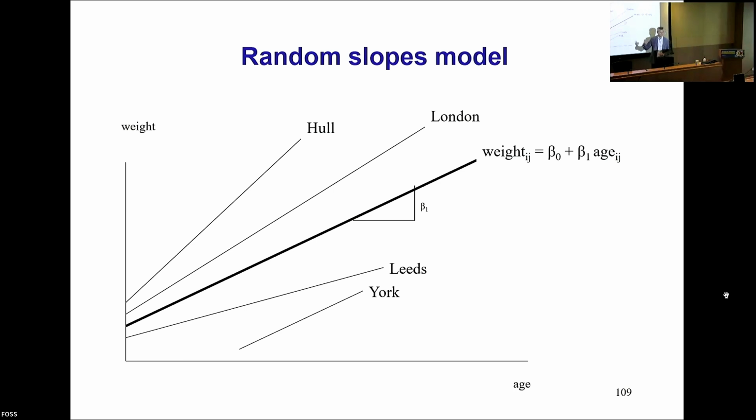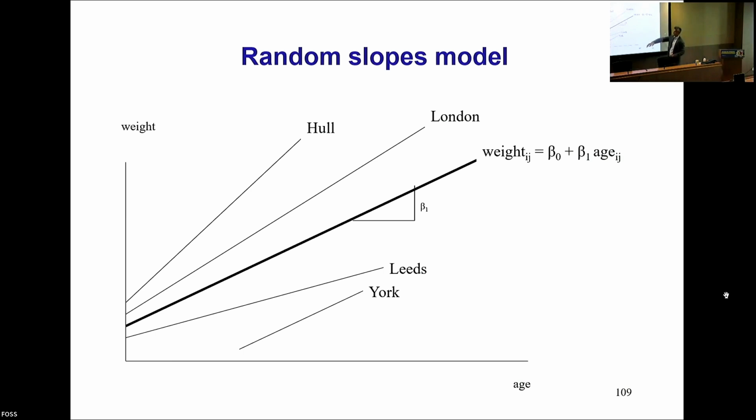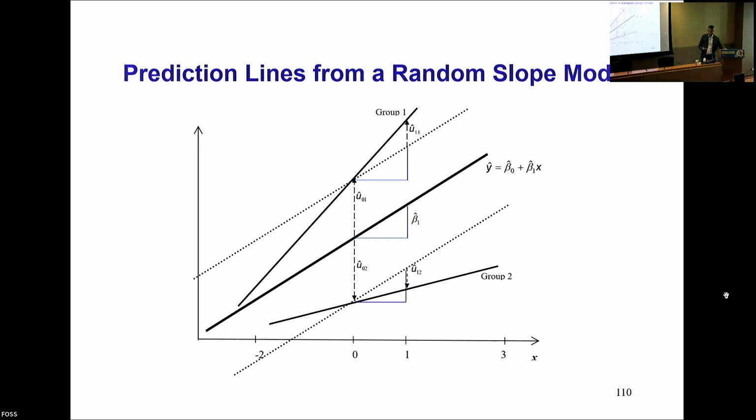So apart from estimating a different intercept for each level 2 unit, we're also estimating a different slope for each level 2 unit. So here the variances at level 2 become much more complicated.